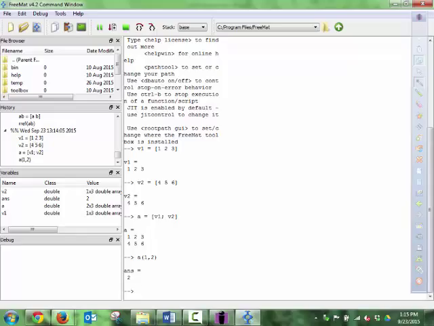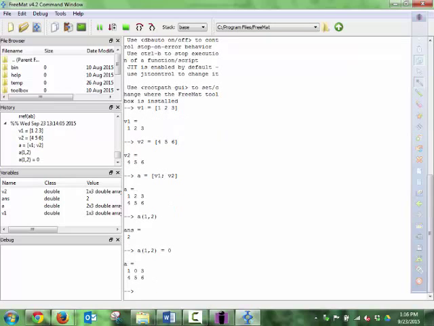The other neat thing is that I can actually change that value. So A(1,2), let's make that a 0. Now the 2 that used to be up here became a 0 because I went in and physically changed it.